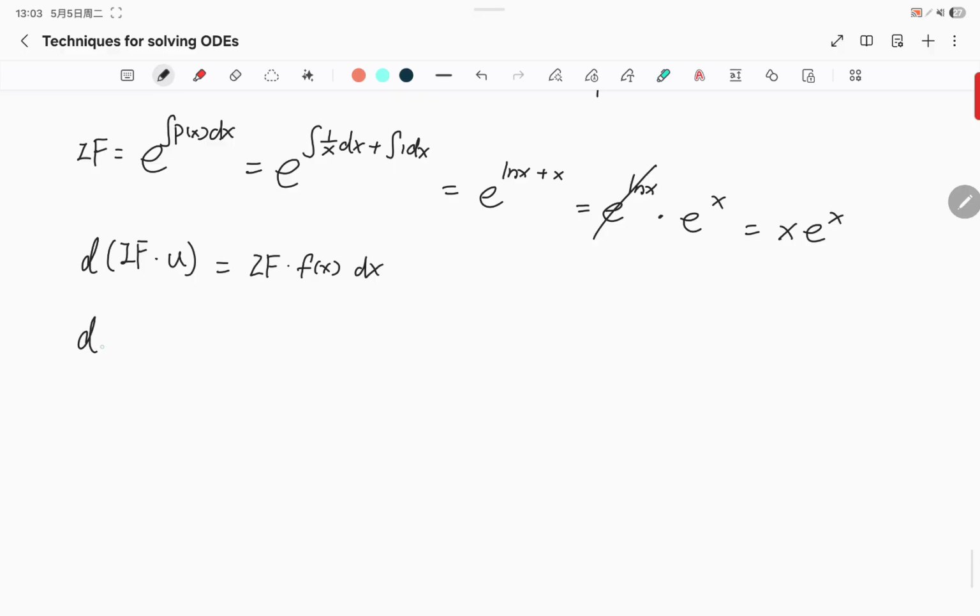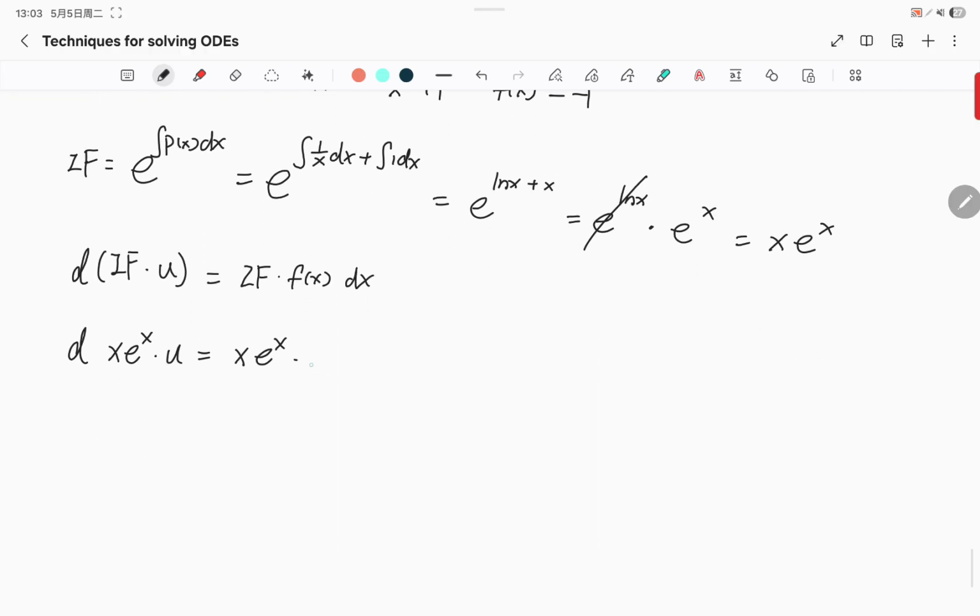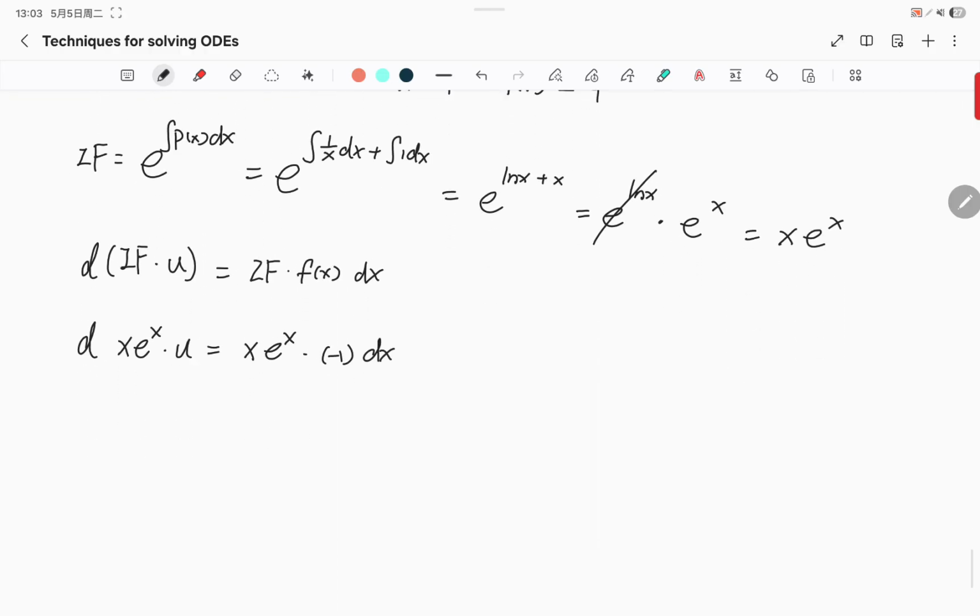So I have d of my IF, x e to the x, times u, is equal to x e to the x times my f of x, which was what? -1, dx.